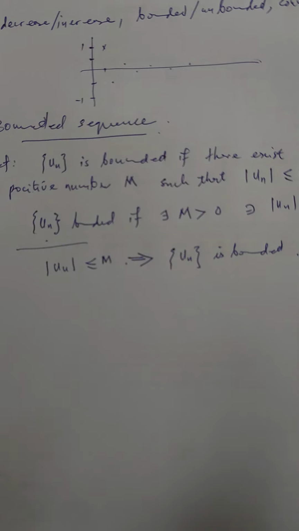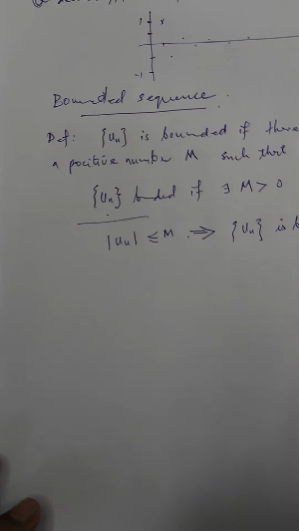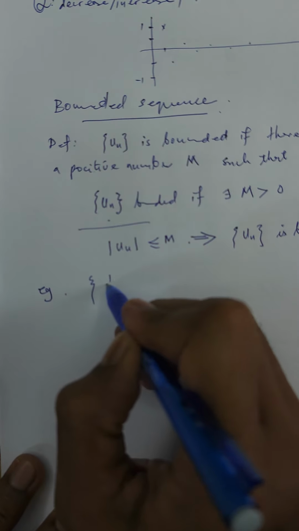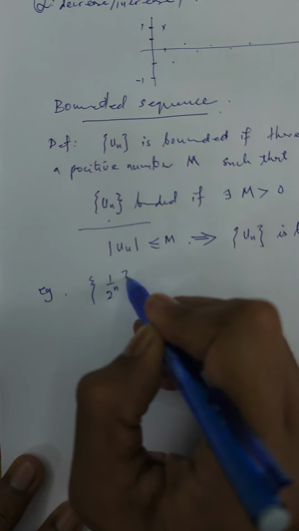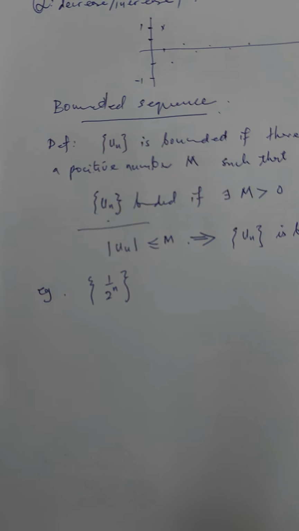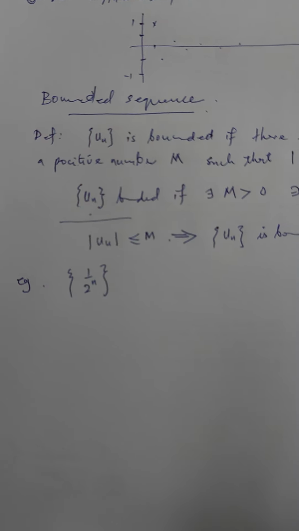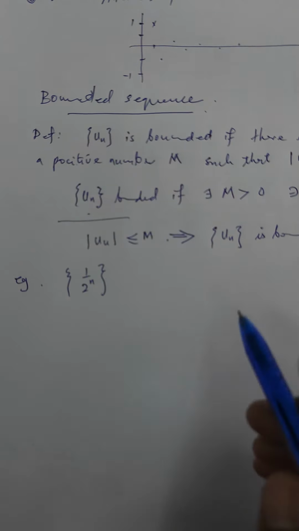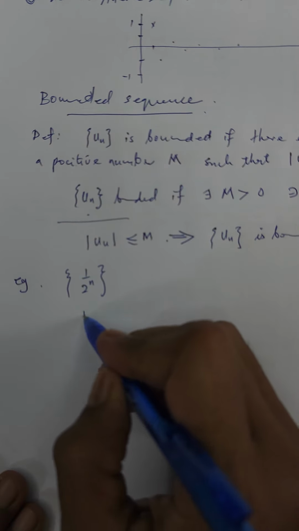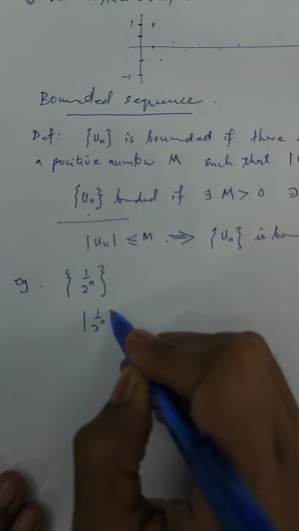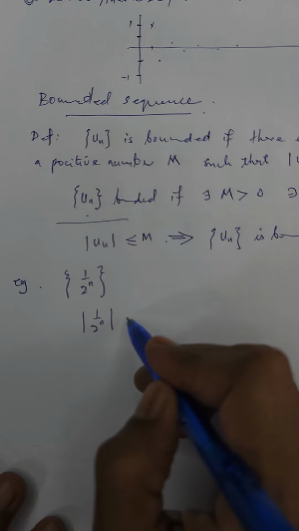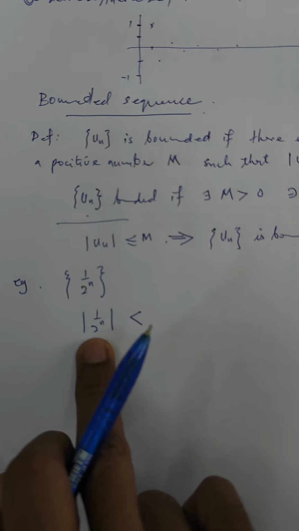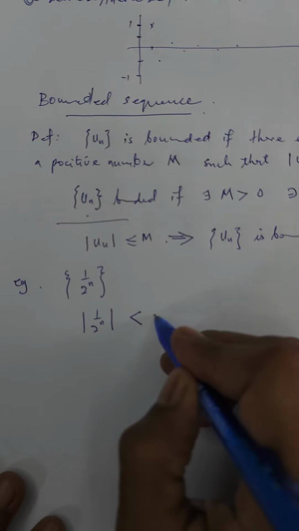Now, let's look at an example of this. Consider the sequence 1/2n. If you take the absolute value of those terms, we have 1/2n. Of course, this is less than some number. Less than 1, right?